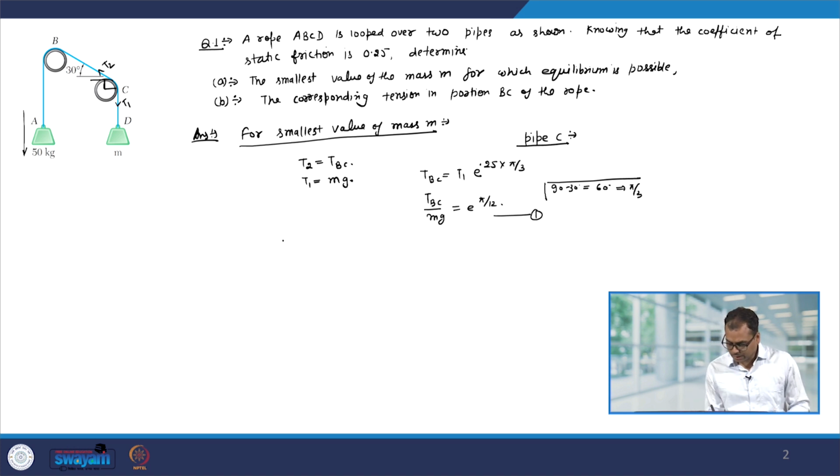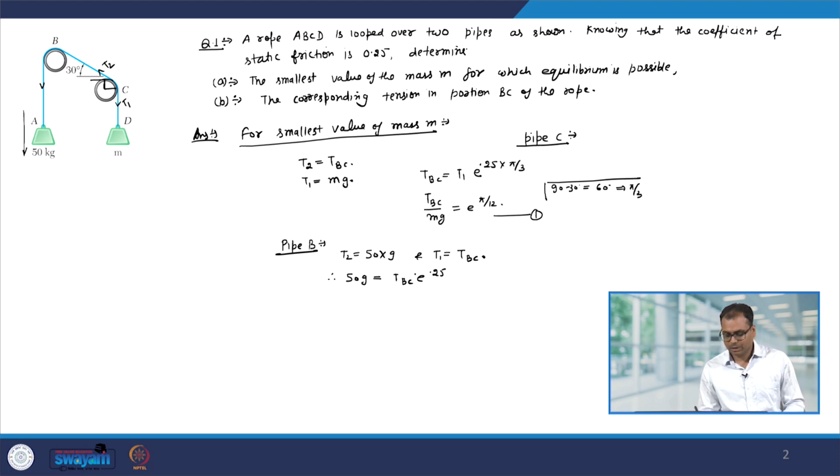Now, let us look at pipe B. For this, we have this tension to be larger than TBC. So, T2 will be 50 into g and T1 will be TBC. Therefore, we have T2 equal to T1 e to the power mu into beta.